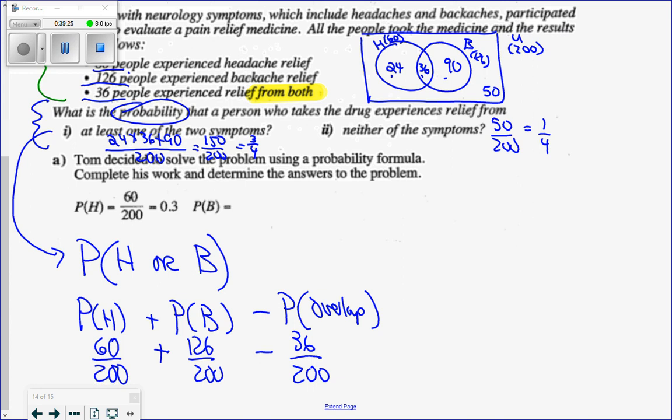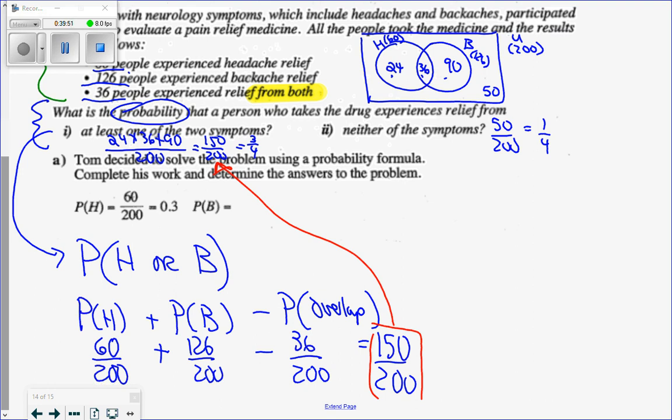So if you punch into your calculator 60 plus 126 minus the 36 overlap, that's 150 out of 200, which is exactly what I got right there.